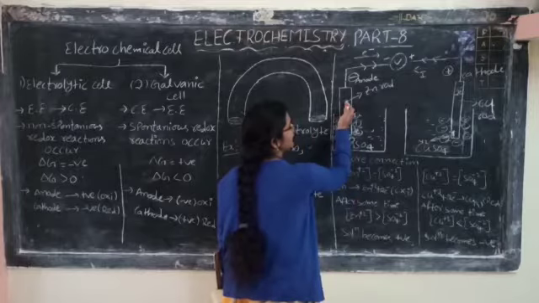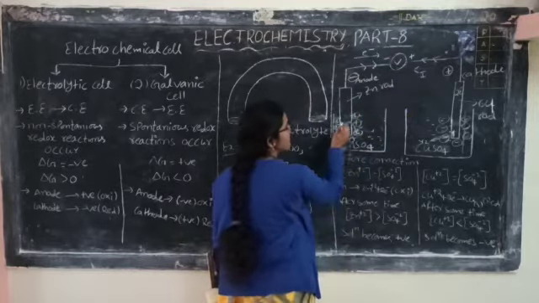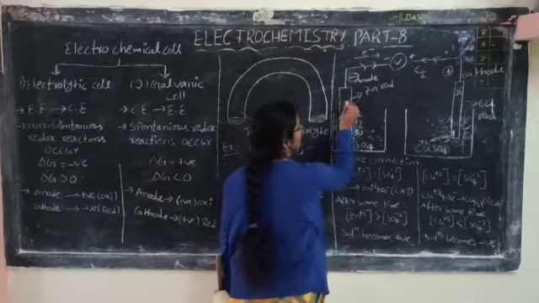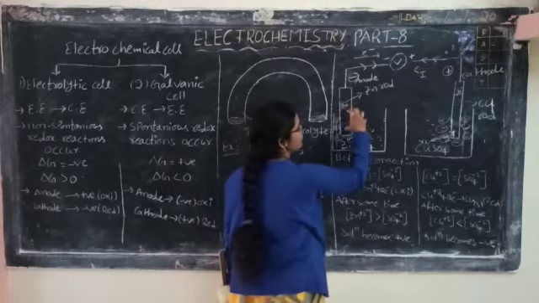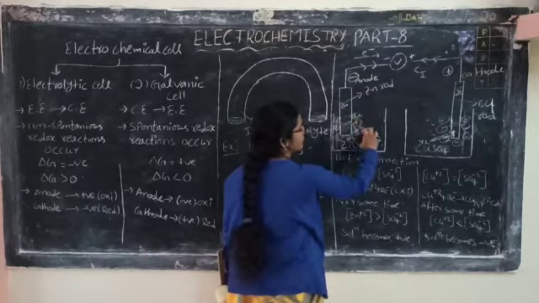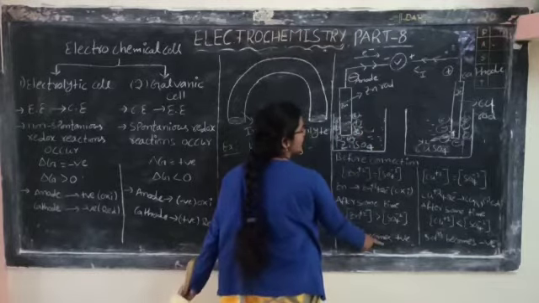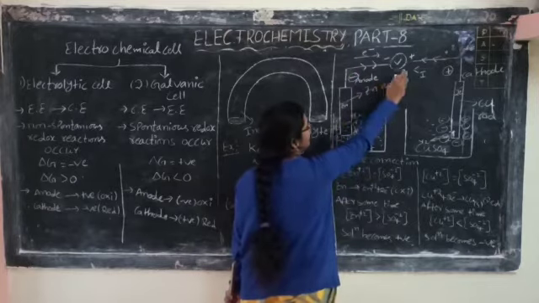Then the electrons are not moved towards the cathode side because of more attraction. Which electrons? Zn has the electrons, and those electrons are attracted towards the solution because the solution has a positive charge. That's why these electrons are not moving to the cathode side.